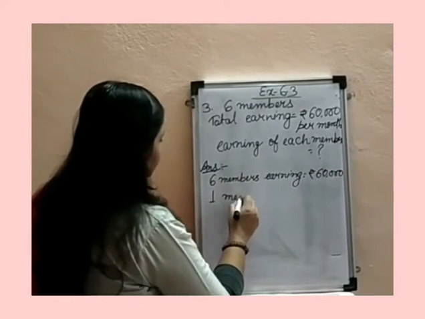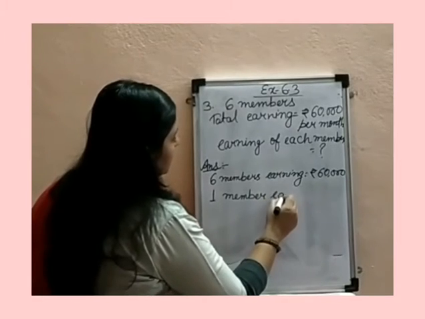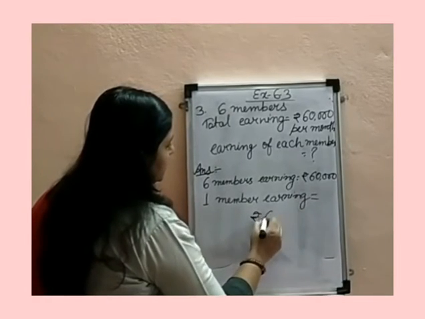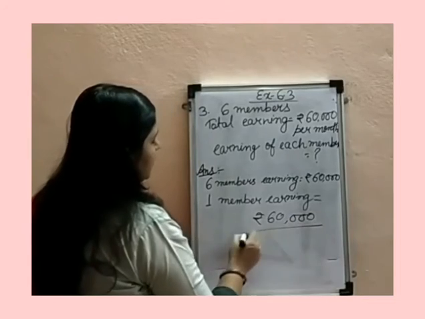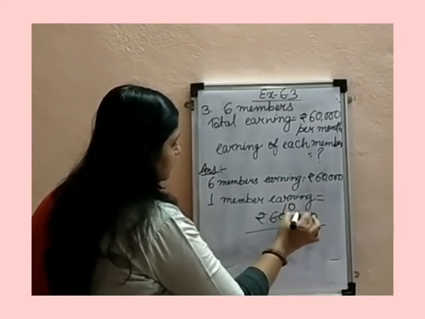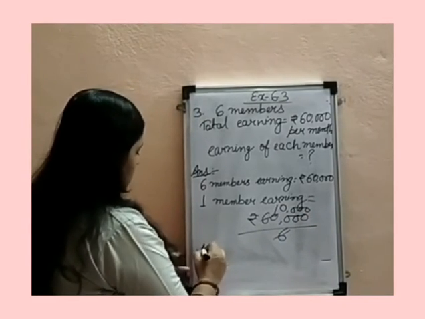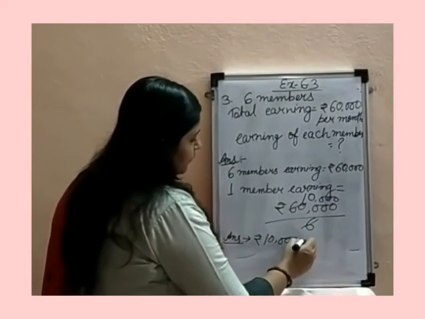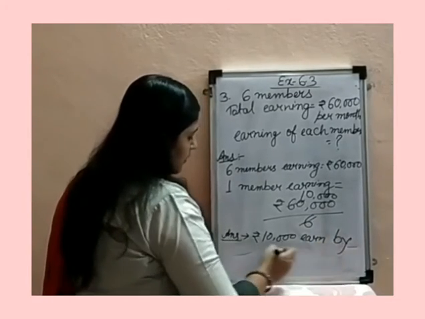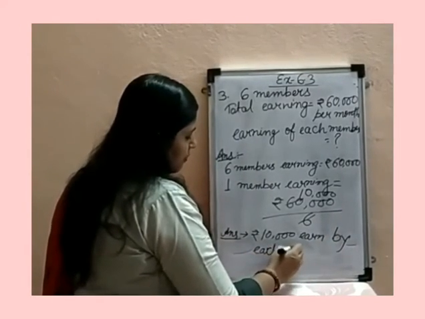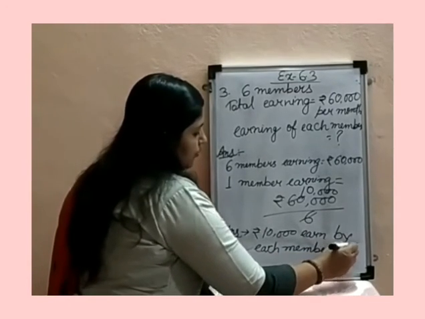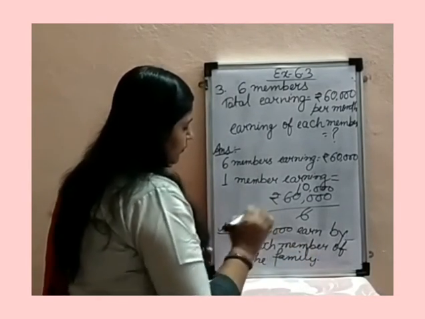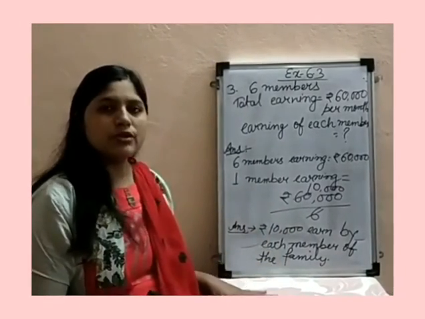So 1 member earns rupees 60,000 divided by 6. 6 tens are 60. So the answer is rupees 10,000 earned by each member of the family. Here we have solved question number 3. Let's do our next question.